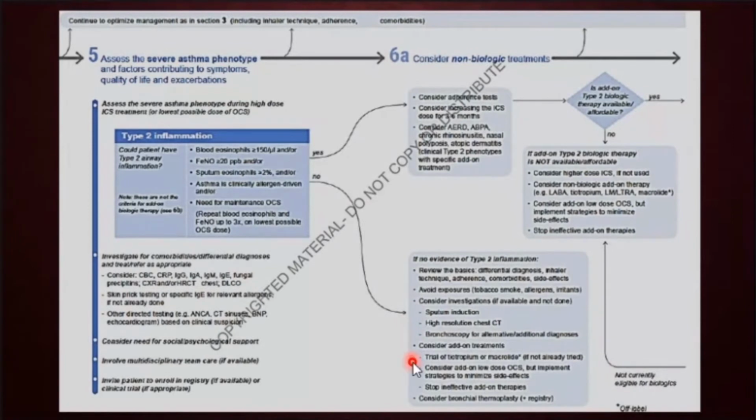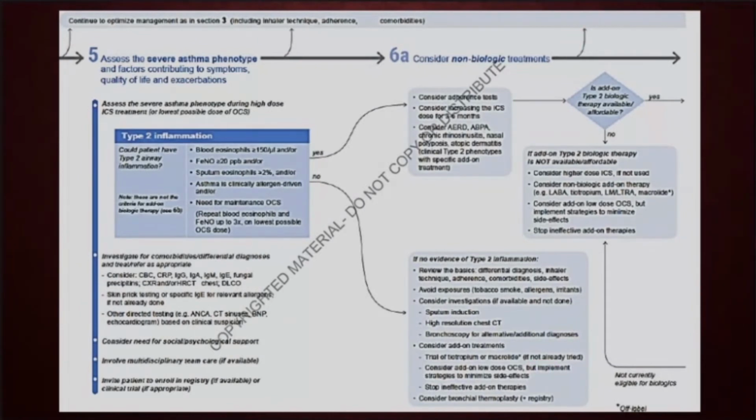So you can consider all these other investigations. Okay, and consider bronchial thermoplasty if it is a non-allergic type of manifestation. I'll be telling you what bronchial thermoplasty is later on.